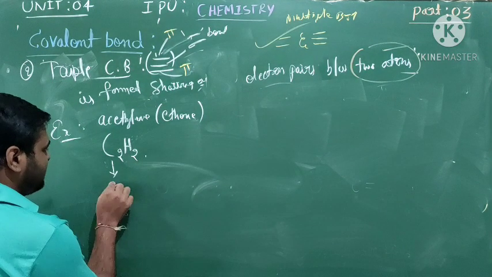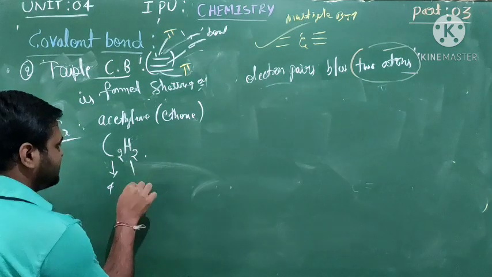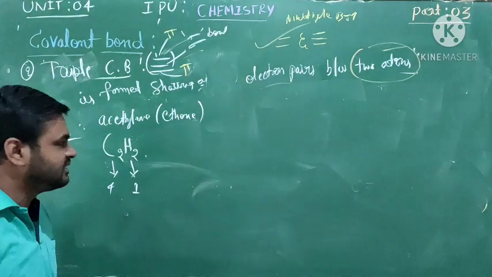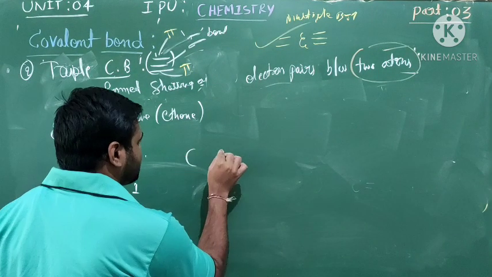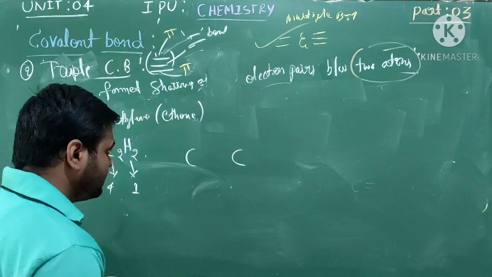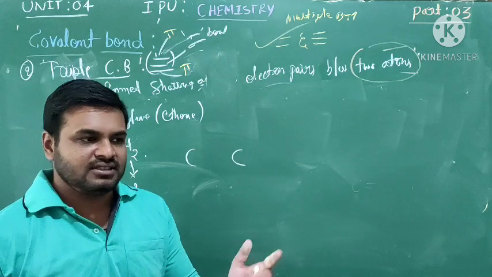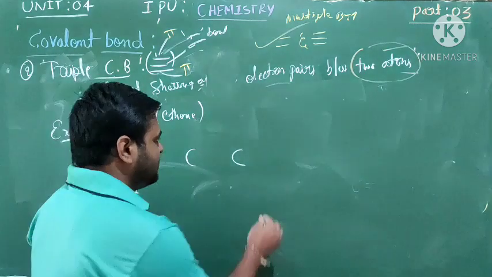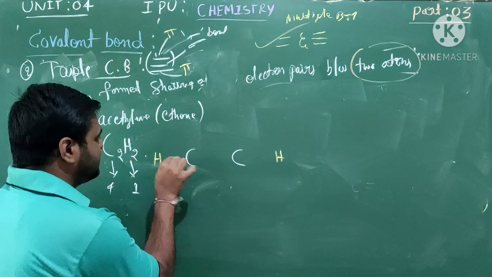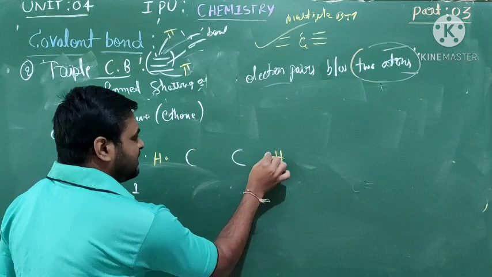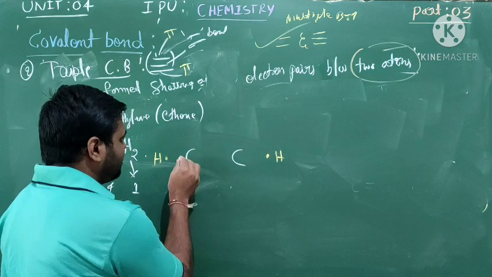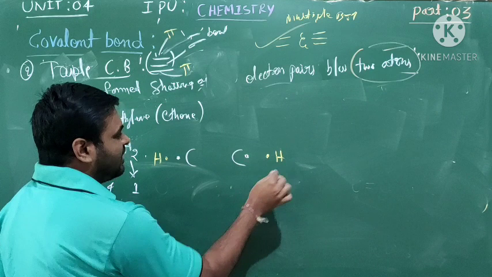Carbon has 4 valence electrons, and hydrogen only 1 valence electron. Write carbon and carbon, then hydrogen and hydrogen, with mutual sharing. This is only one sharing. Carbon shares with one hydrogen.